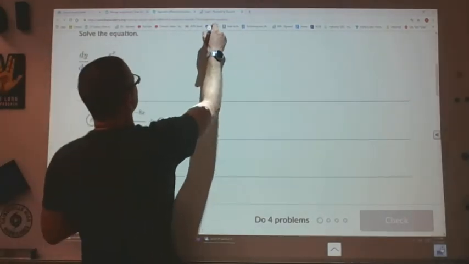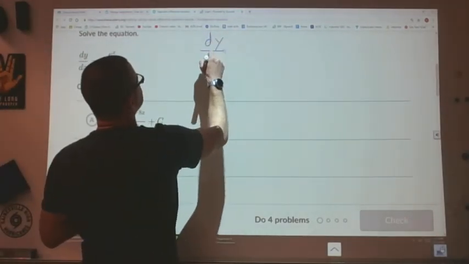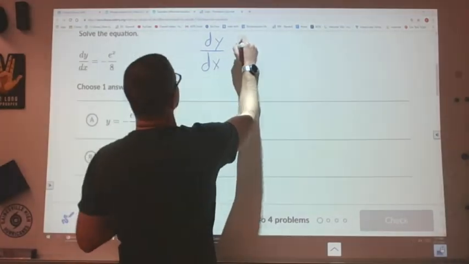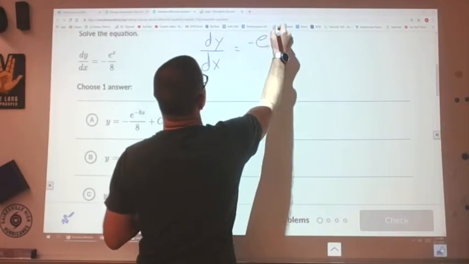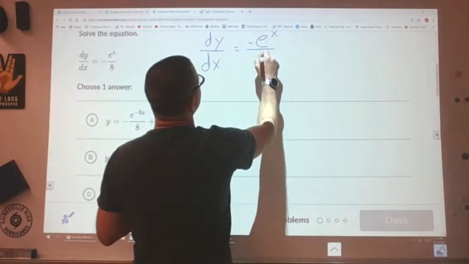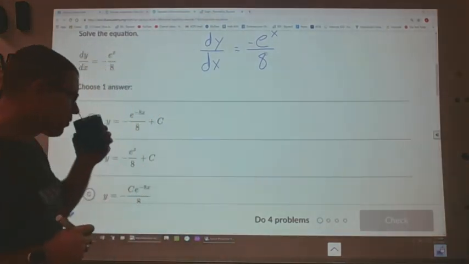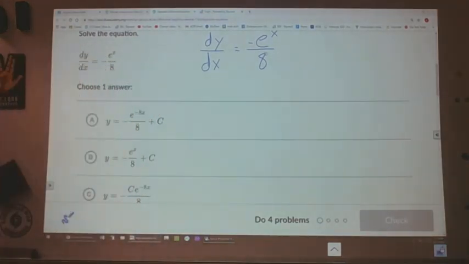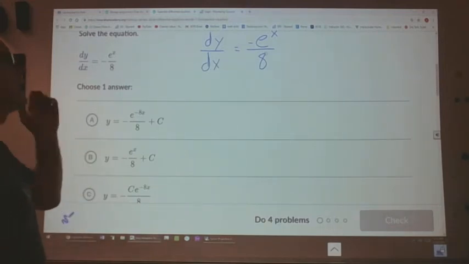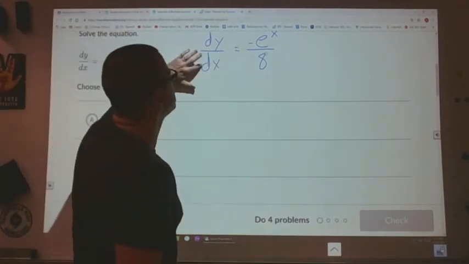So we have dy over dx is equal to negative e to the x over 8. Now, this one we don't actually have to do anything separable, really. We just solve it, integrate both sides. But I'm gonna multiply that dx over there.